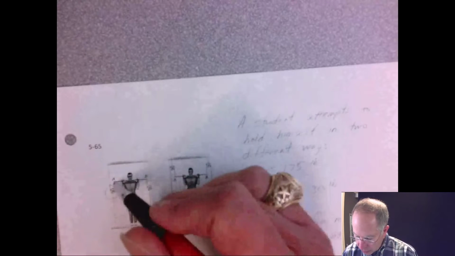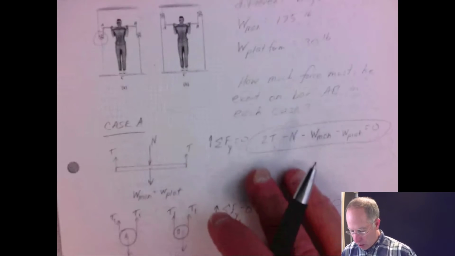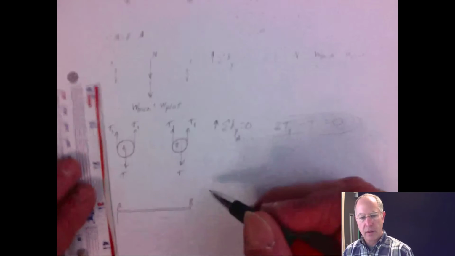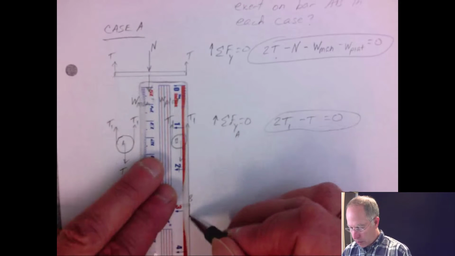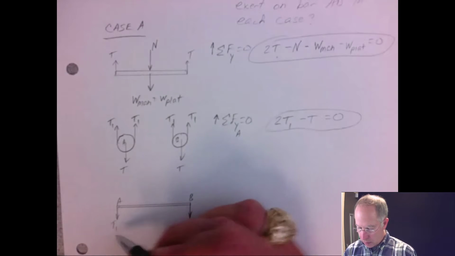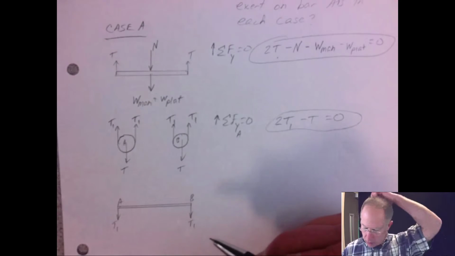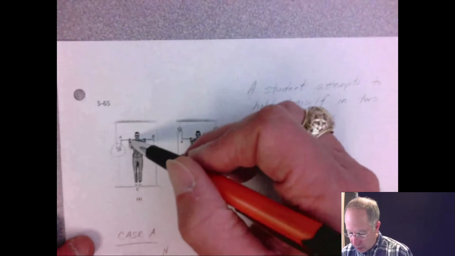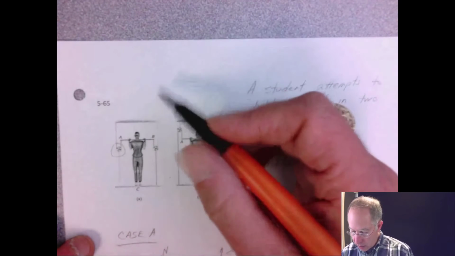So we have a tension on either end of the bar. That's T1 going down. There it is, T1 going down. And then this man is pushing up on that bar.